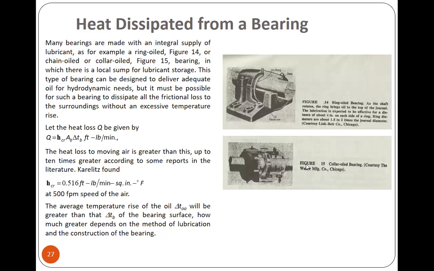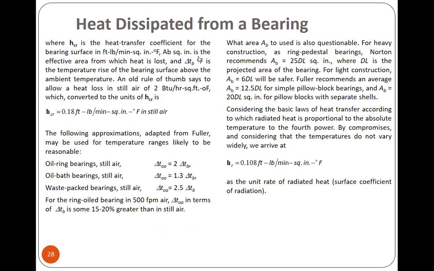This is the surface temperature minus the ambient. Ito, delta T, difference ng surface temperature. Difference of temperature ng oil. So, where H sub CR is the heat transfer coefficient for the bearing surface, in foot-pounds per minute square inch Fahrenheit, A sub B.